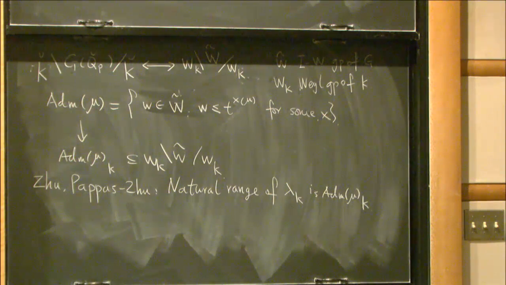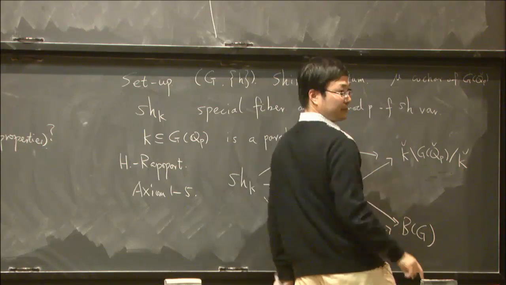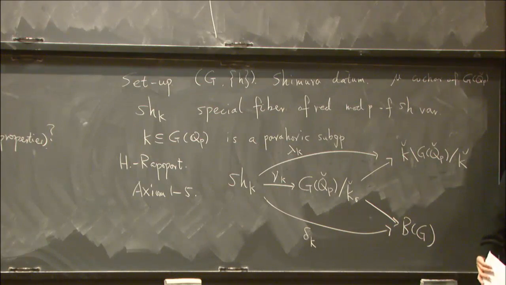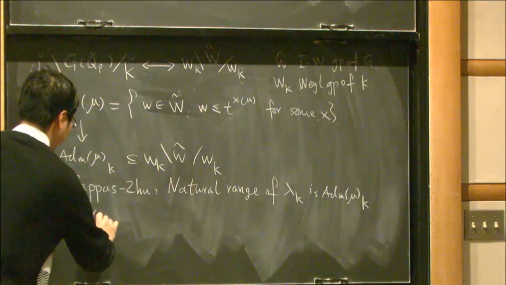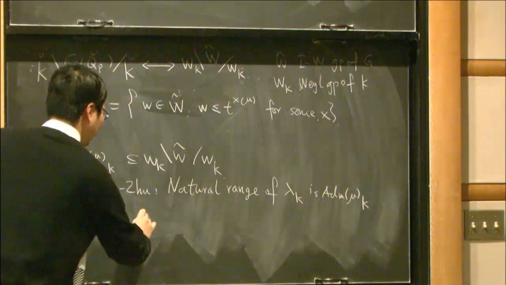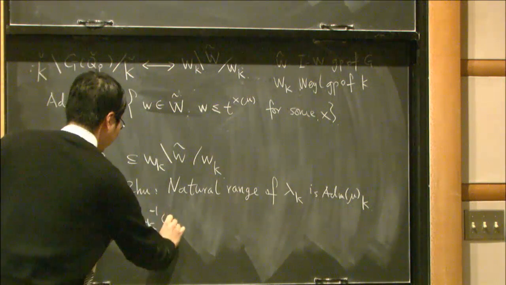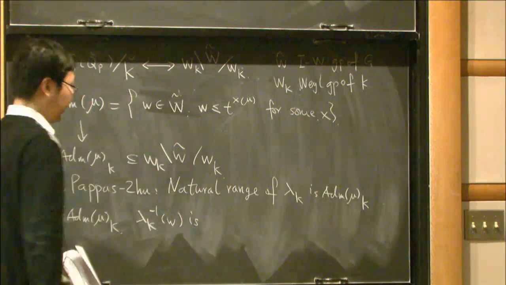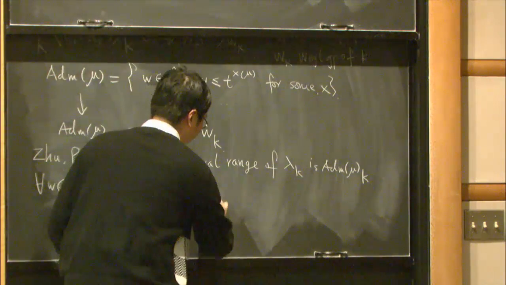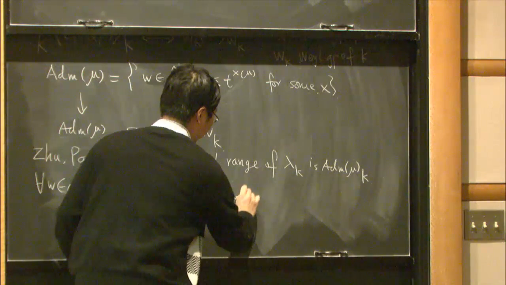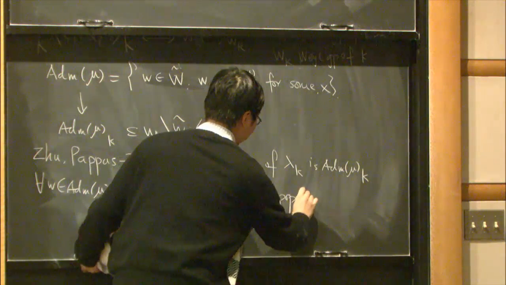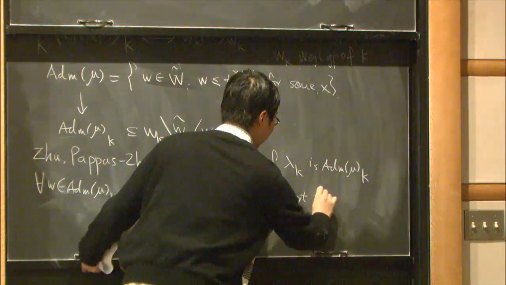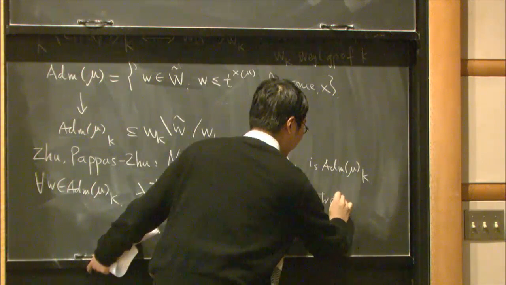And well, what are the fibers of this map? So the fibers of this map, this is the so-called Kottwitz-Rapoport stratification, Rapoport strata.